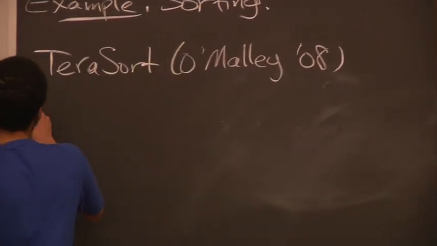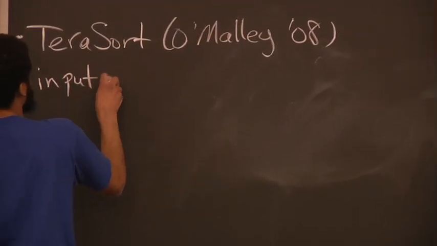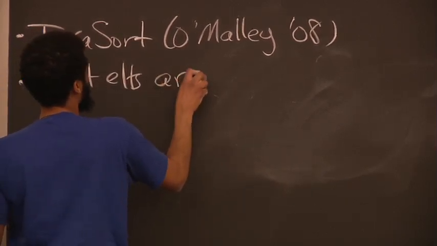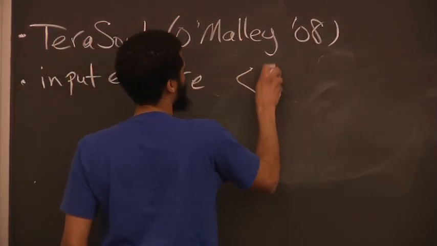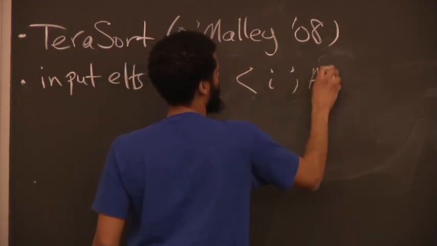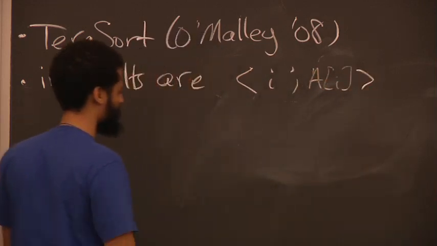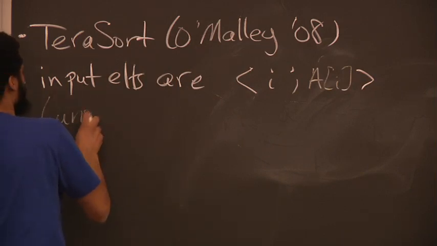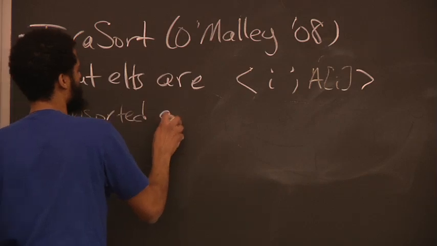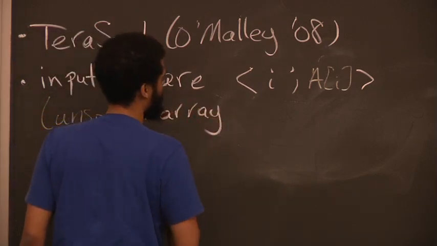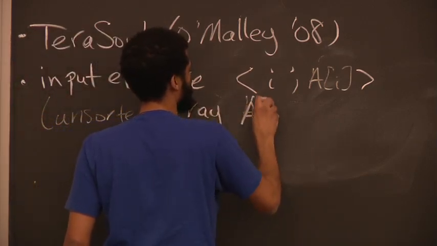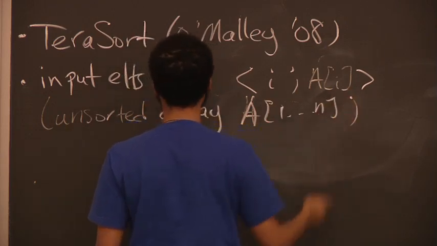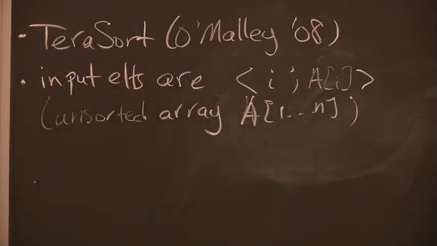Let's say input elements are of the form A_i, where we have this unsorted array A_1 through A_n.